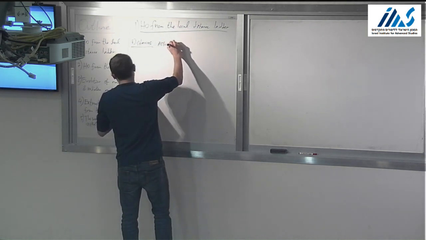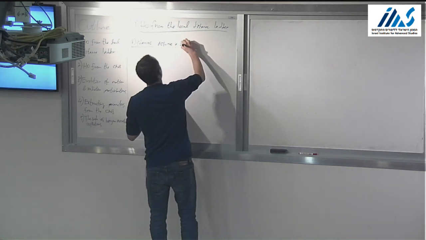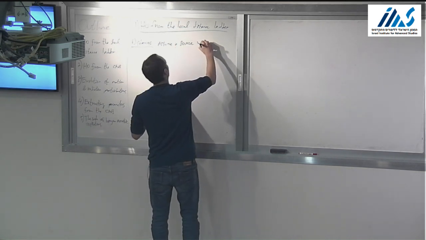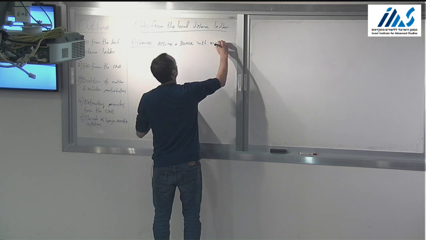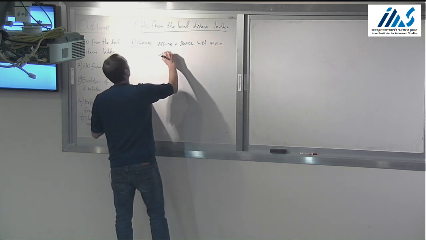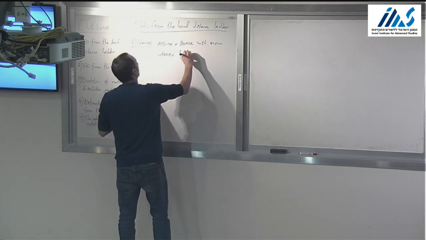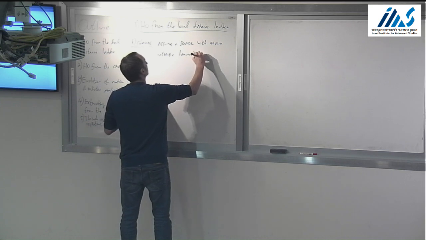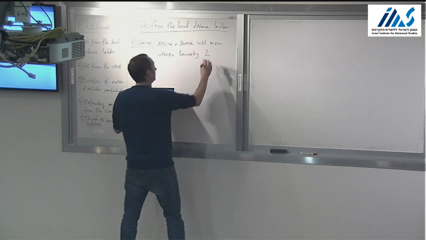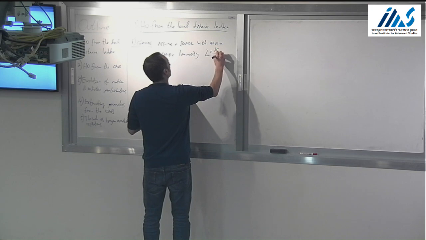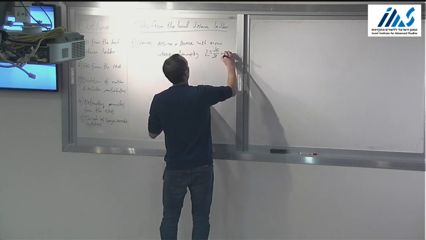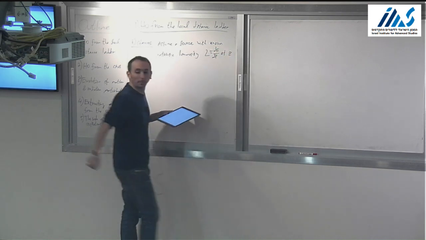Let's assume a source with known intrinsic luminosity L, which is dE/dt at some redshift z.